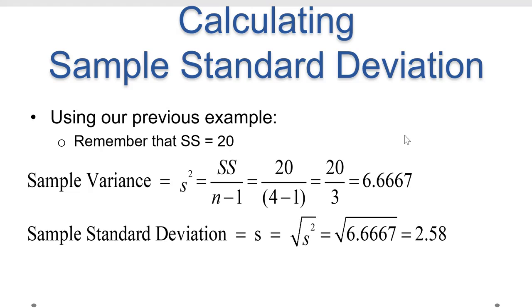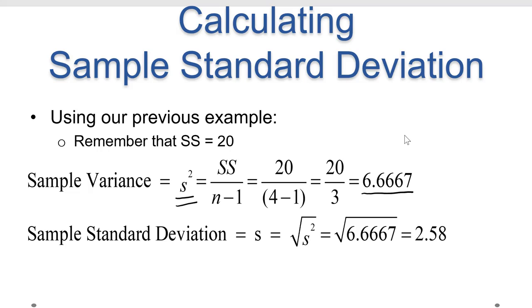What changes is the denominator. So now, to calculate sample variance, we need to divide sum of squares by n minus 1. So 20 divided by 4 minus 1 is equal to 20 divided by 3, which is equal to 6.667. This is our sample variance, S squared.